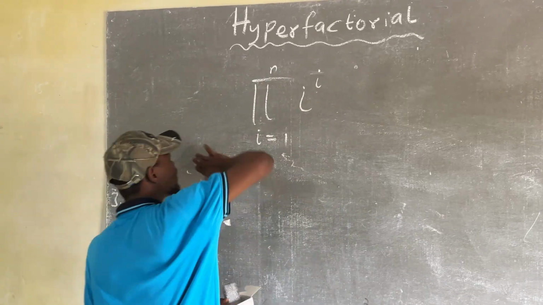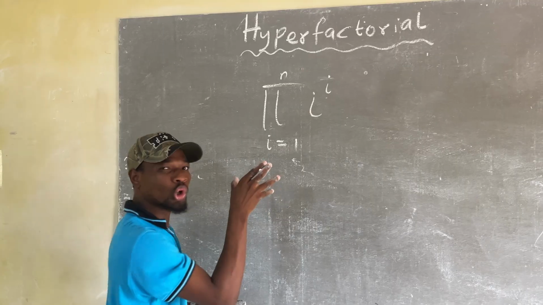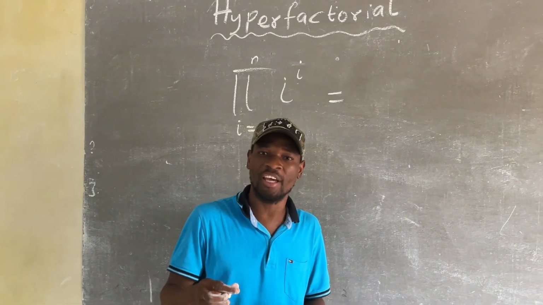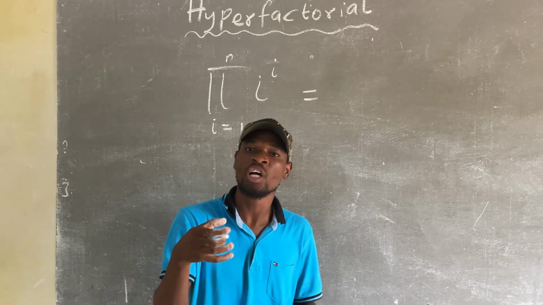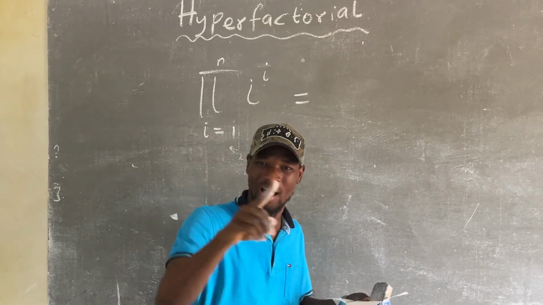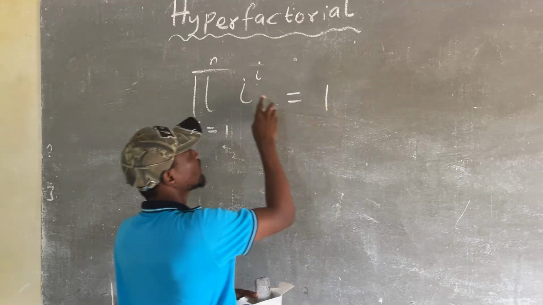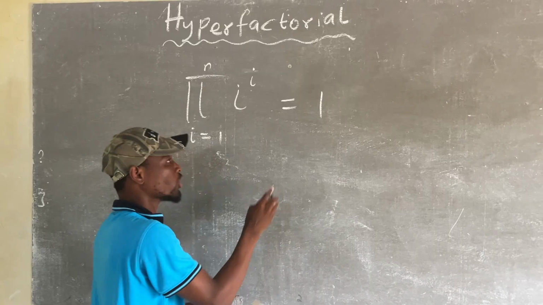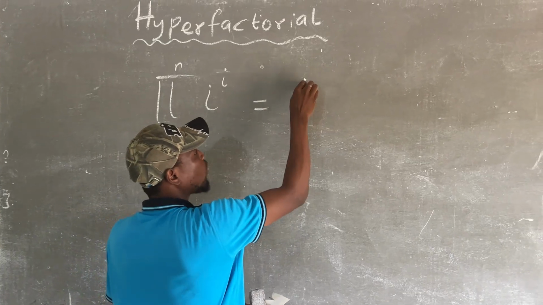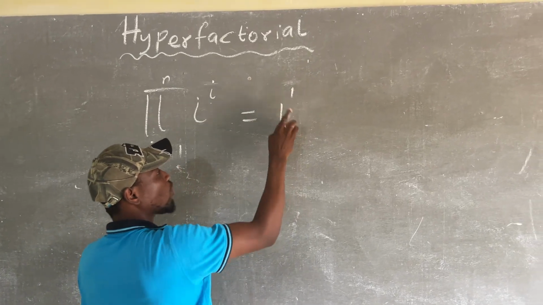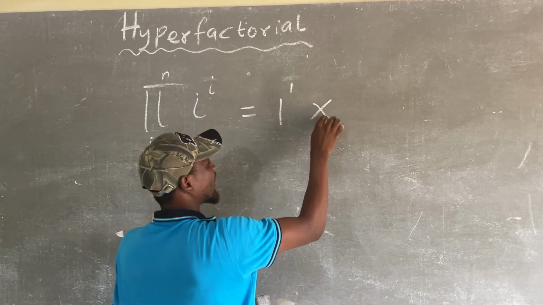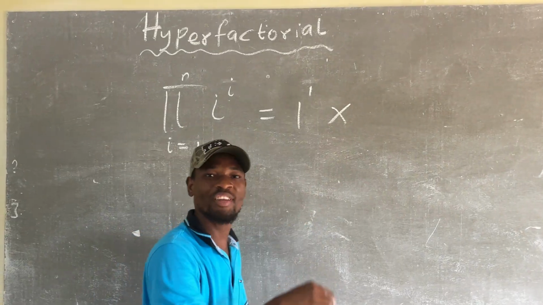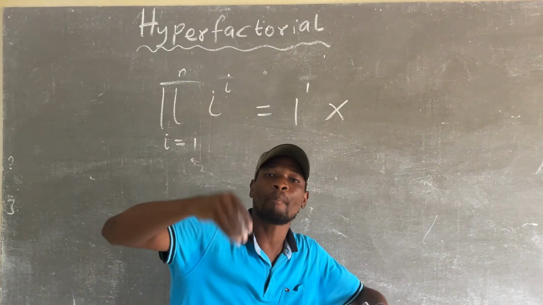So viewers, the meaning of this factorial notation is, if you start with the integer, it is more advisable to begin with the integer 1. Remember, if the integer starts with the value 1, you have 1 raised to the power 1, then times, remember this is I to the power I. If you begin with the integer 2, it will be 2 to the power 2.